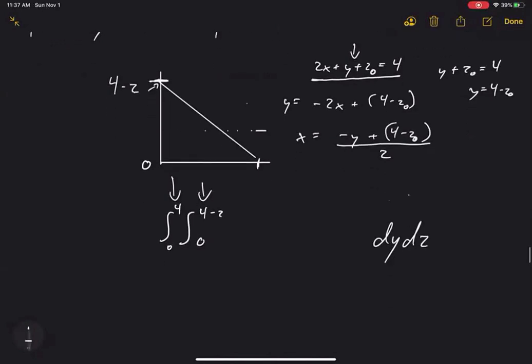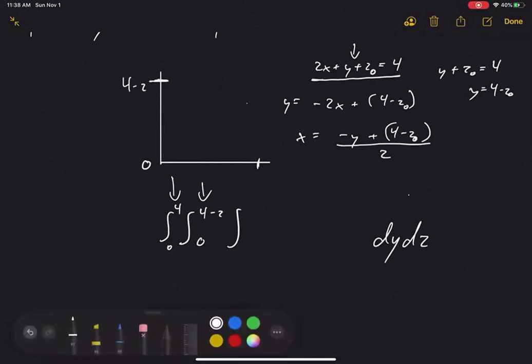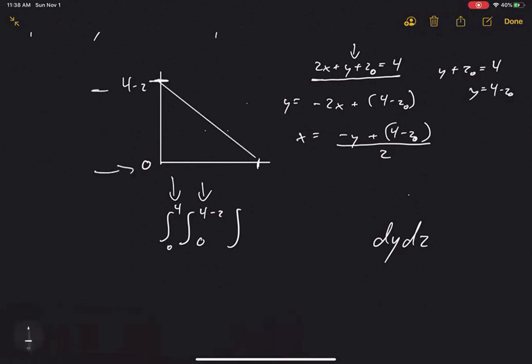Last step, I need to find my bounds for x. Now I need some function here. What are my bounds for x? If I was just integrating this 2D region, I'm treating z like a constant, so these are constants.